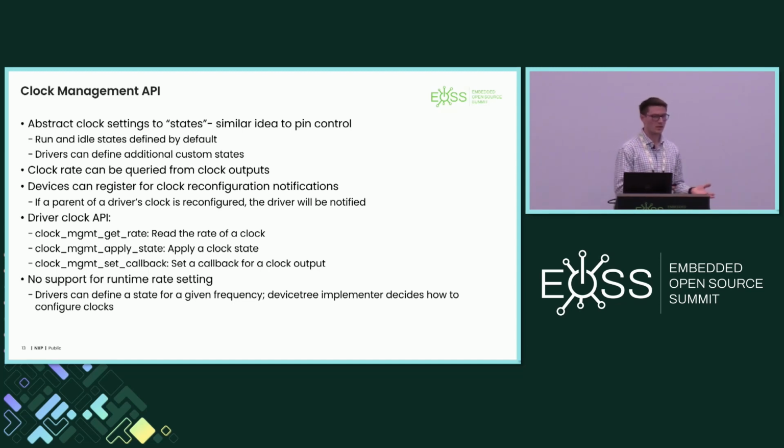The reason why is because if we explicitly support runtime rate setting, then we're going to have drivers that start to require that. And if that's something we need, we could look at like a kconfig to enforce that requirement or something like that.